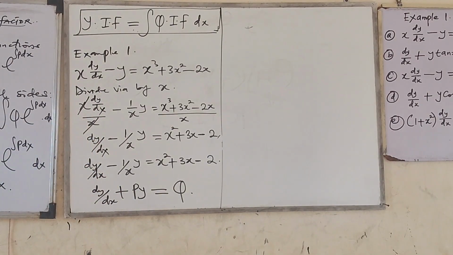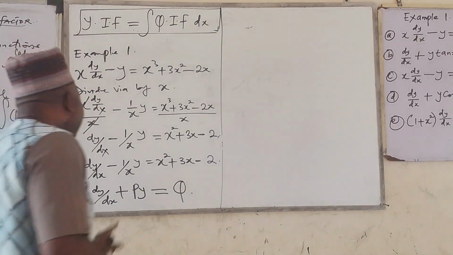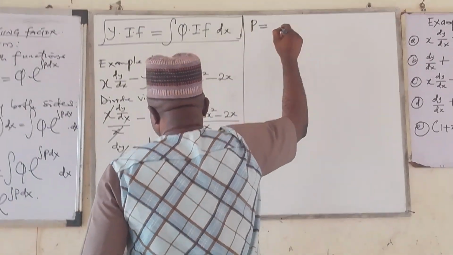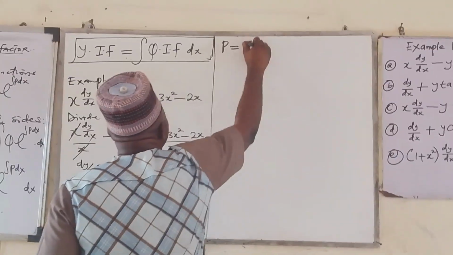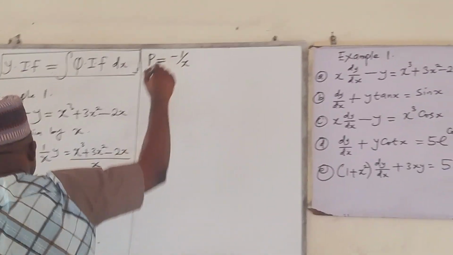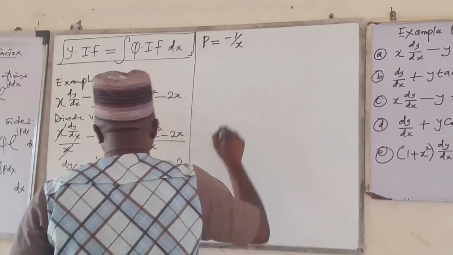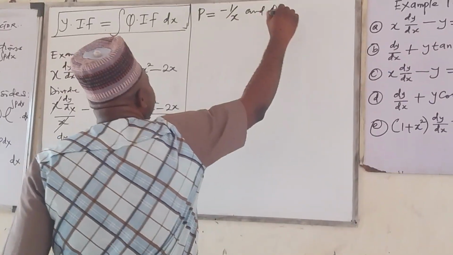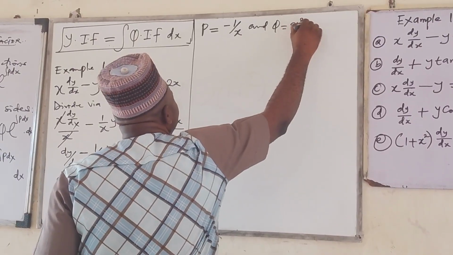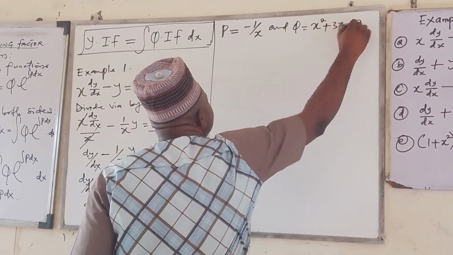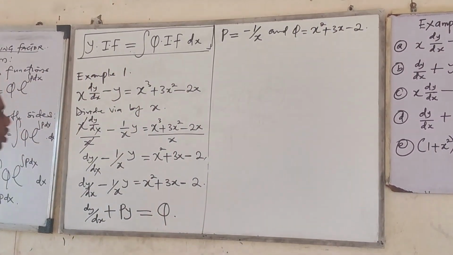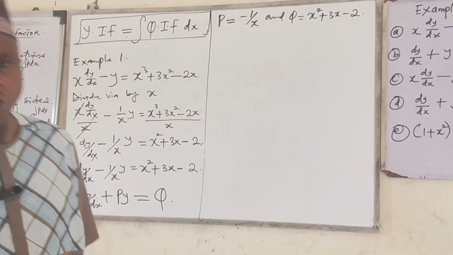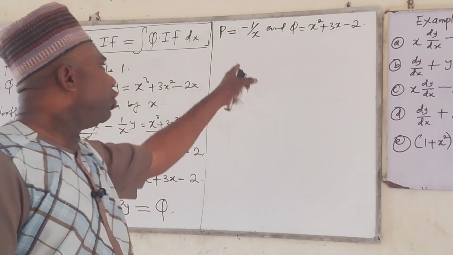So in this case, the value of p is minus 1 all over x, and q is equal to x squared plus 3x minus 2. Remember we said from inception that both p and q are functions of x or constants. So in this case, they are both functions of x.